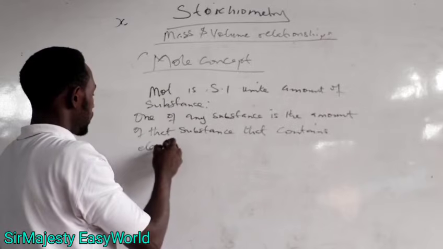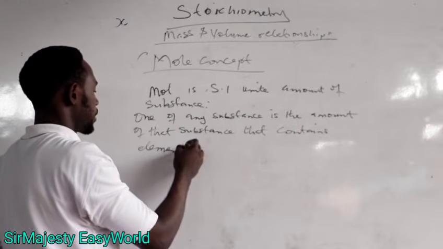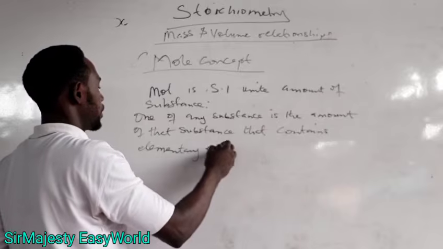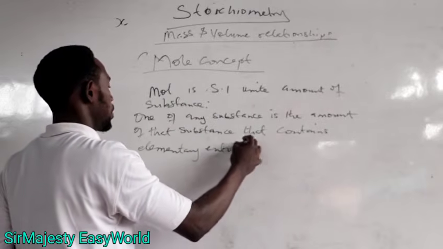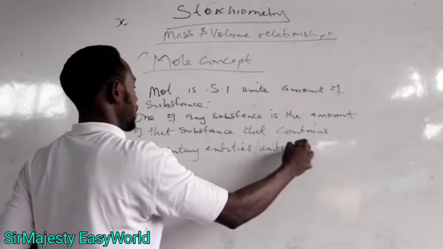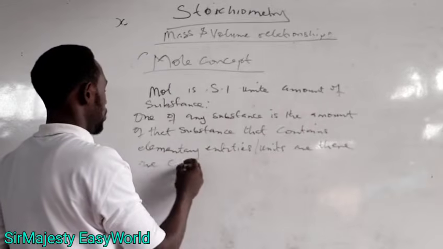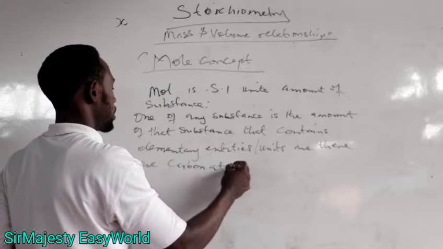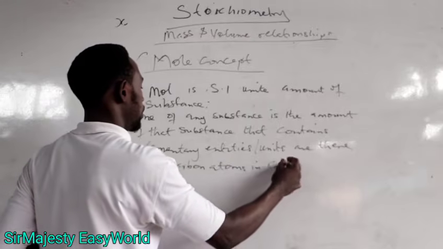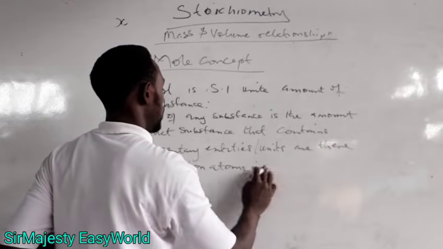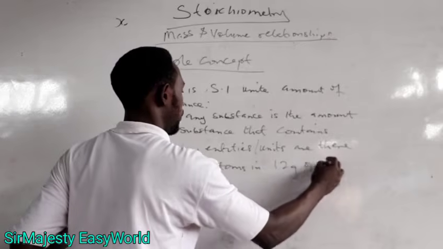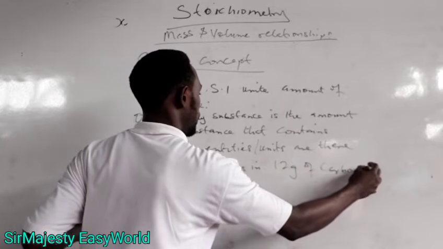elementary entities or formula units as there are carbon atoms in 12 grams of carbon 12.